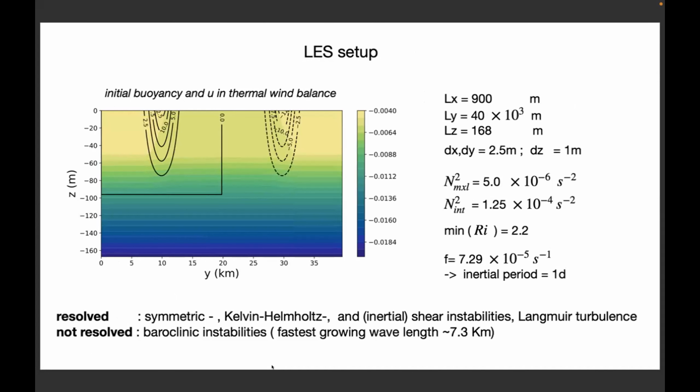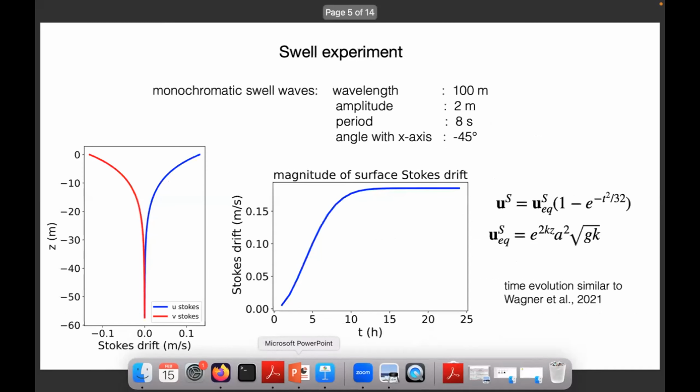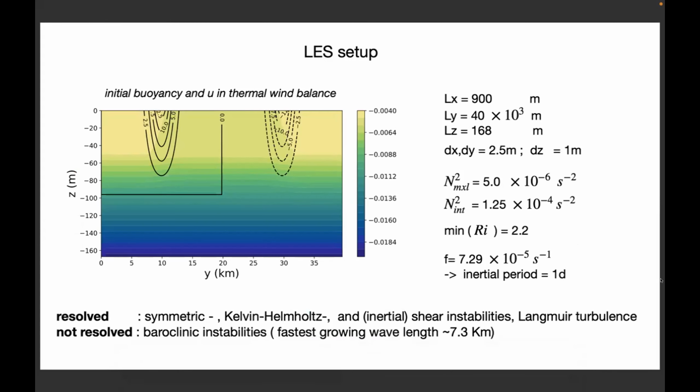Okay, so we use a large eddy simulation to show the impact of thermal wind on balanced flow. Here we have a setup with an initial less stratified mixed layer depth of 50 meters on top of a well stratified interior. We have two opposing jets because we have lateral re-entering boundary conditions, and both of the jets are in thermal wind balance.